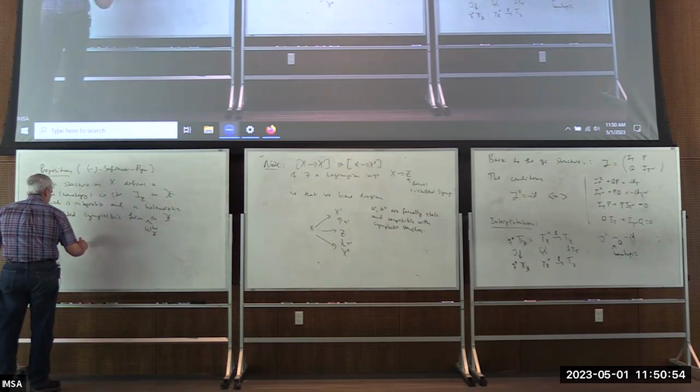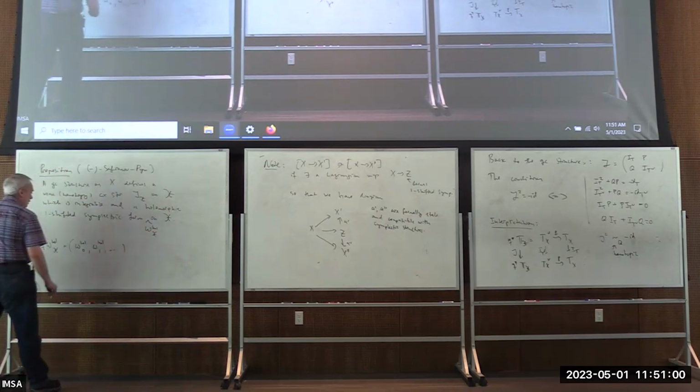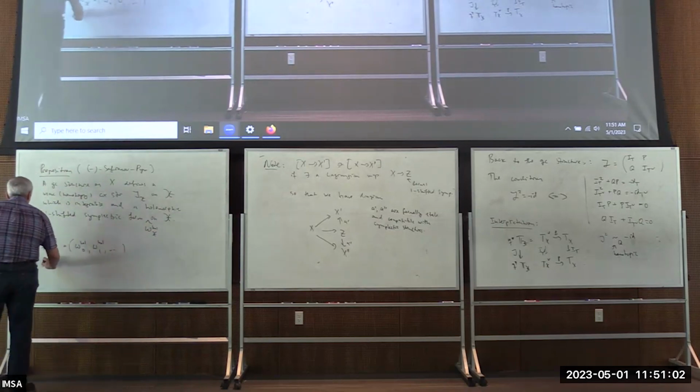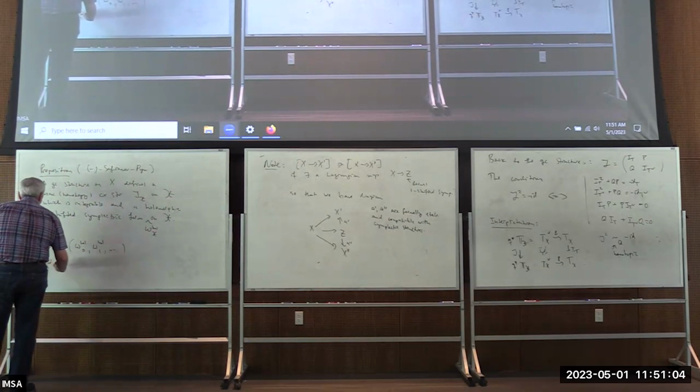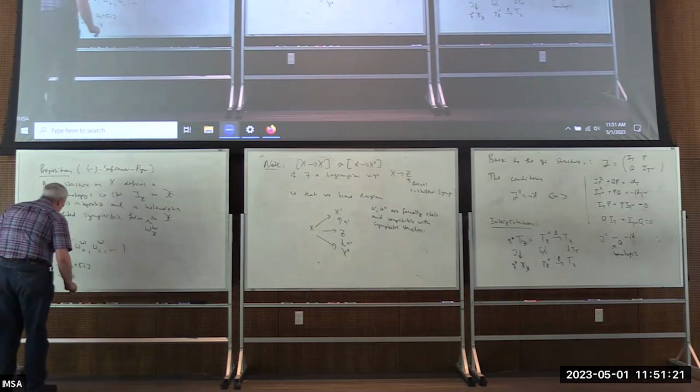So there is an omega 0 holomorphic, omega 1 holomorphic, and other stuff. The omega 0 holomorphic is what we had before, which is omega 0 minus plus i times J, and omega 1 holomorphic is i times H.